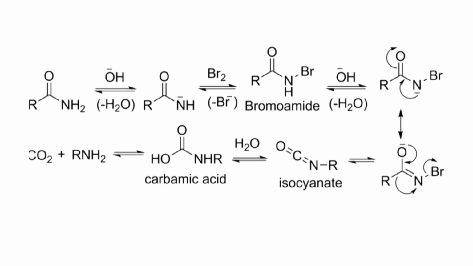So this migration again involves the loss of a bromide and the breaking of a carbon-carbon bond to form a carbon-nitrogen bond. So you'll see the similarities in many of these rearrangements. Once the isocyanate is produced, it reacts with water and forms carbamic acid, which can subsequently lose CO2 to produce the amine. So this is similar to the previous rearrangement that we looked at.